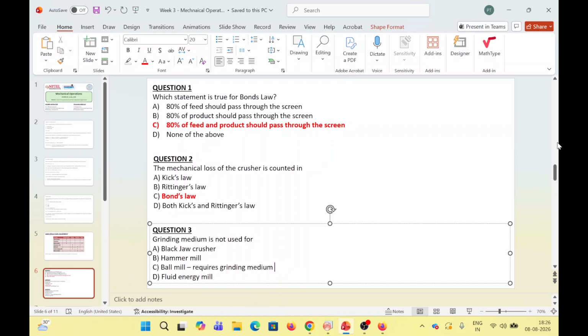So both of them also require a grinding medium. This one also and this one also.